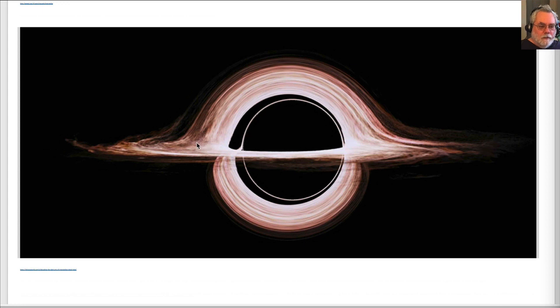So the accretion disk is rotating left to right in the foreground, and this black hole is also rotating left to right in the foreground. We could tell this because the black gap between the ring of fire and the accretion disk ISCO is larger on the left than on the right.